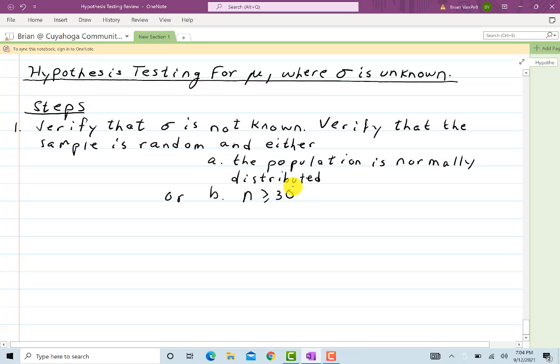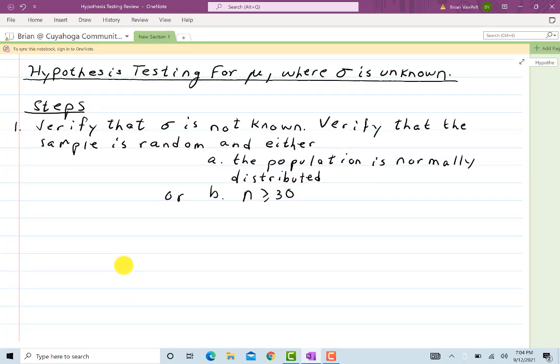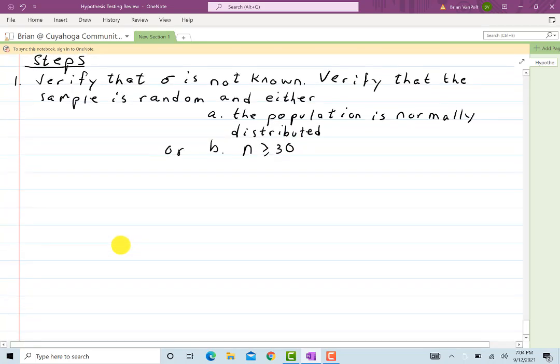So we need one of those to be true for all of these problems. Most of those will be assumptions in the problems themselves, so you won't have to worry about that. Later on, when we start mixing things together, that will become important.